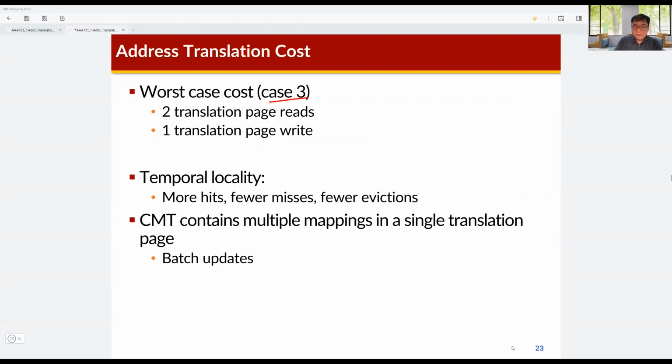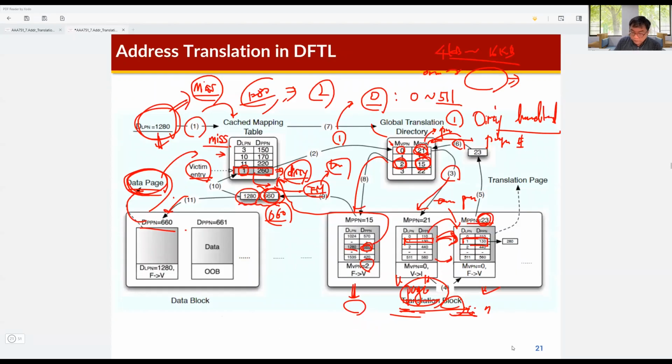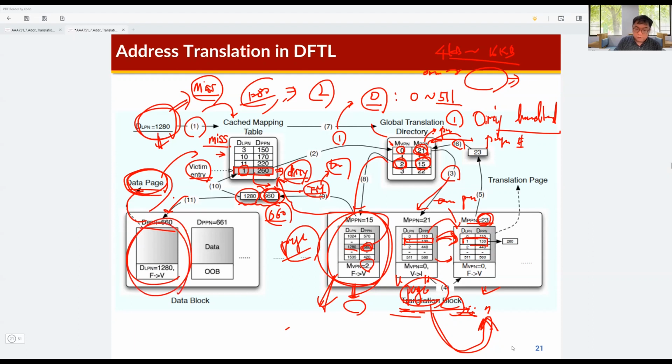This worst case requires 2 page reads and 1 page write. The page write is required for updating the translation page, and the page reads are required for the translation page read and then the data page read.